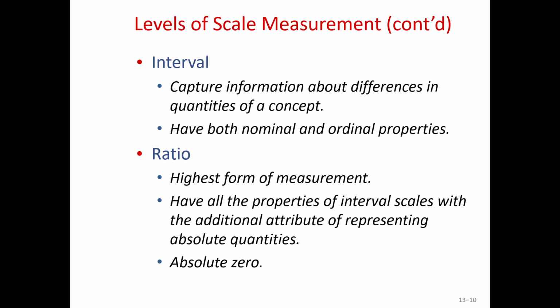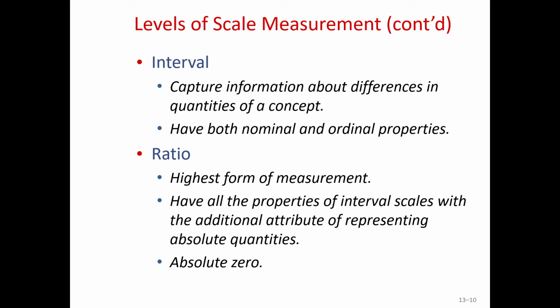So the last one, ratio. Ratio scales represent the highest form of measurement in that they have all properties of interval scales with the additional attribute of representing absolute quantities. Interval scales possess only relative meaning, whereas ratio scales represent absolute meanings. So ratio scales provide iconic measurement.